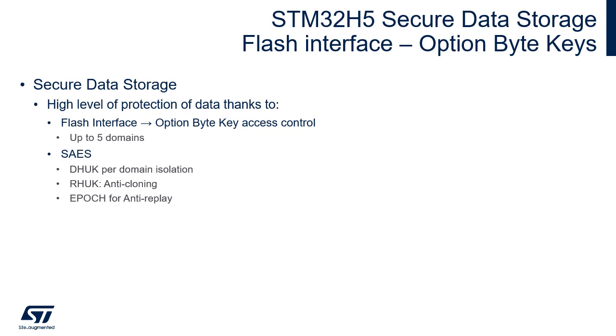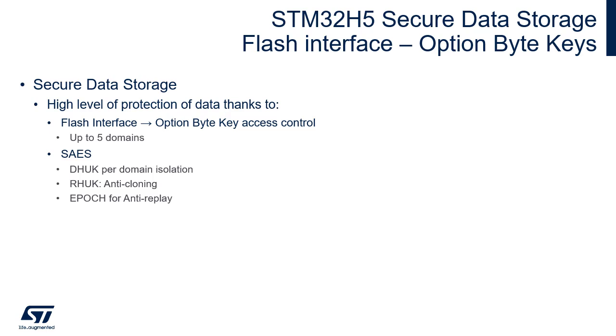Secure storage can rely upon the SAES engine to encrypt the stored data to benefit from derived hardware unique key, or DHUK, properties. Data are isolated. All data encrypted and decrypted relying upon SAES and DHUK benefit from the variation of the DHUK for each different isolated area, HDPL 0, 1, 2, 3S, and 3NS.